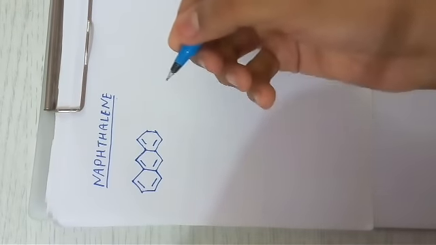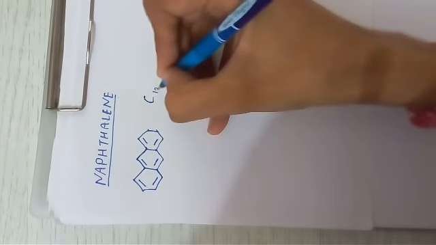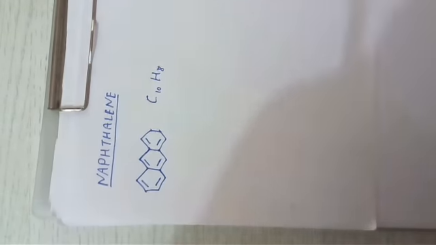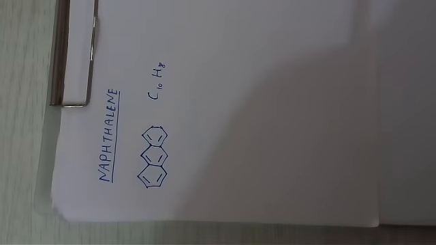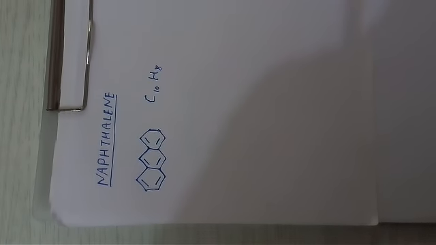So this is on the page. You can see here I've drawn the bond structure of naphthalene. It's a very heavy hydrocarbon, and its chemical formula is C10H8. We know that there are two types of carbon compounds in organic chemistry, aromatic and aliphatic.